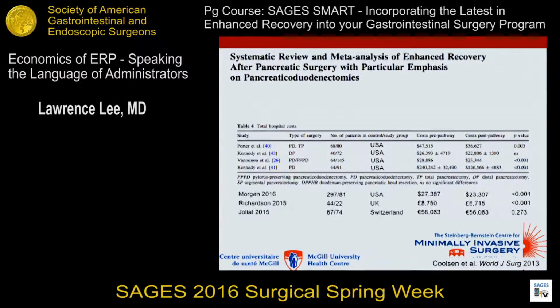Most of them show an average cost of around $25,000 to $30,000, but it can vary up to $250,000 when you look at the fourth study listed. So again, costs are very institution specific, and it very much depends on what type of costs you're looking at and how you cost them yourself.